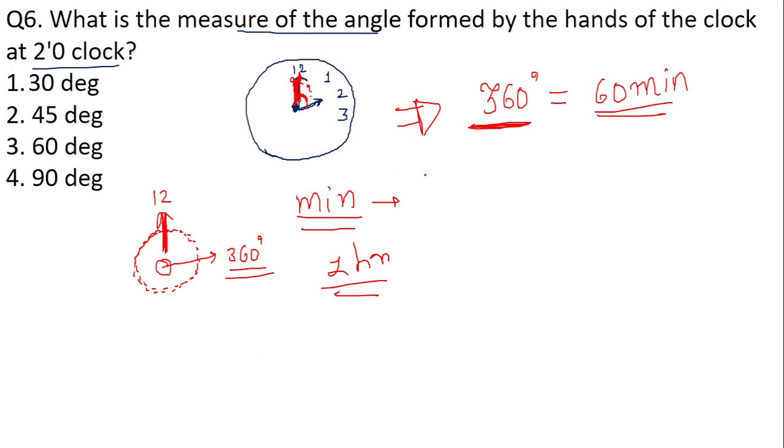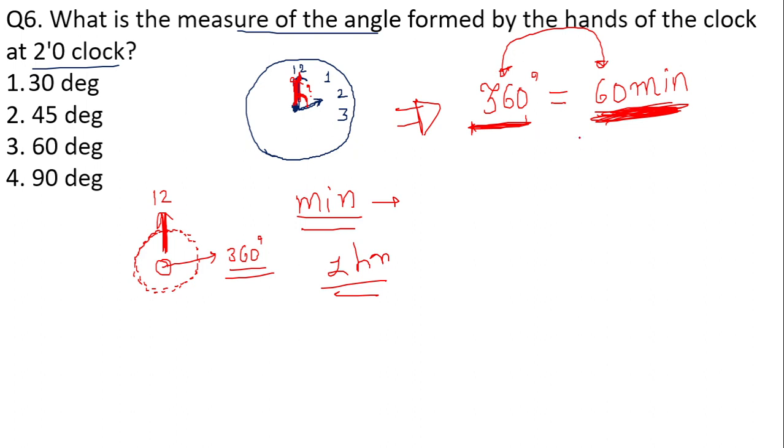We know this. So here, in 1 hour there are 60 minutes. So the minute hand is going to move in 60 minutes by 360 degrees. Okay, I am making the equivalence of 360 degrees equivalent to 60 minutes. This is for the minute hand.